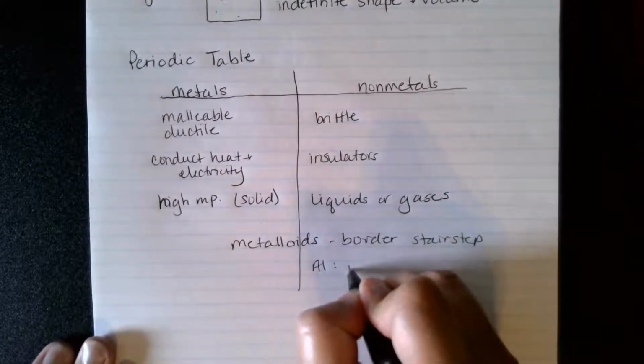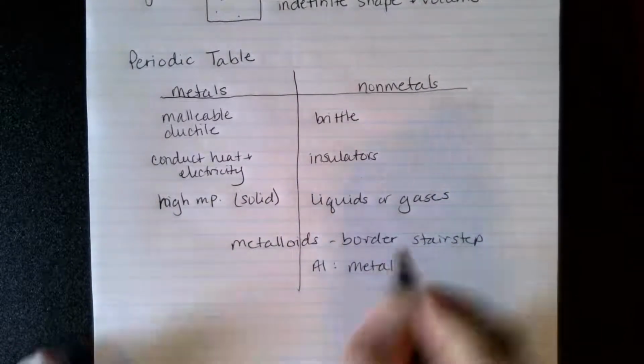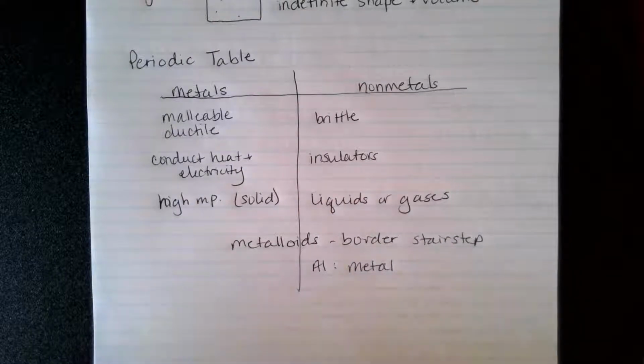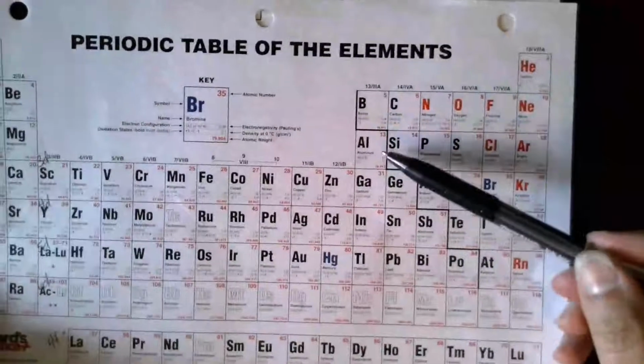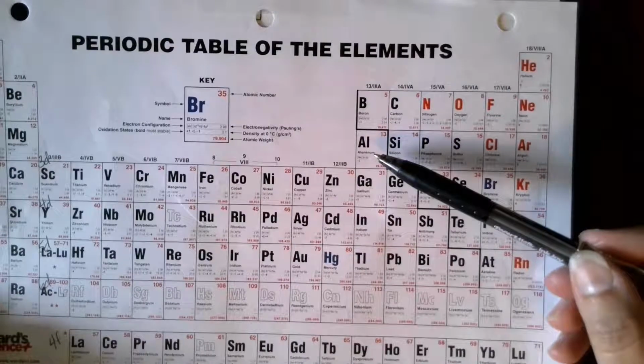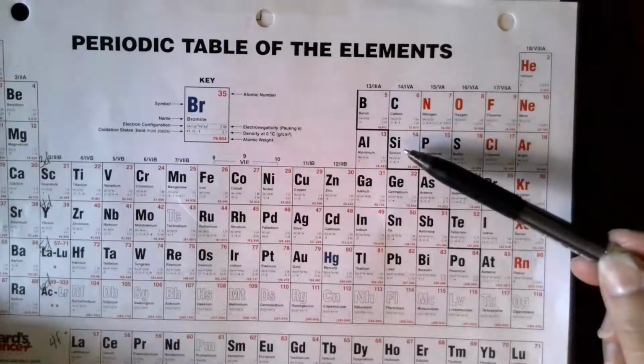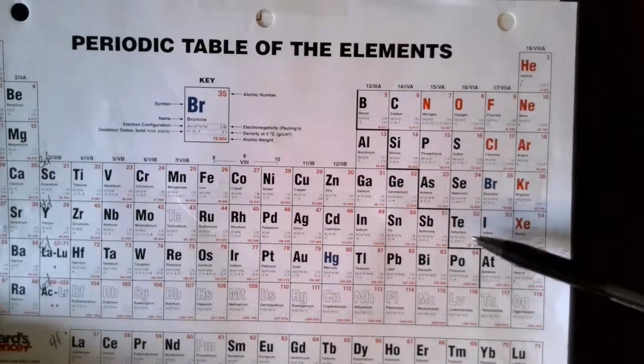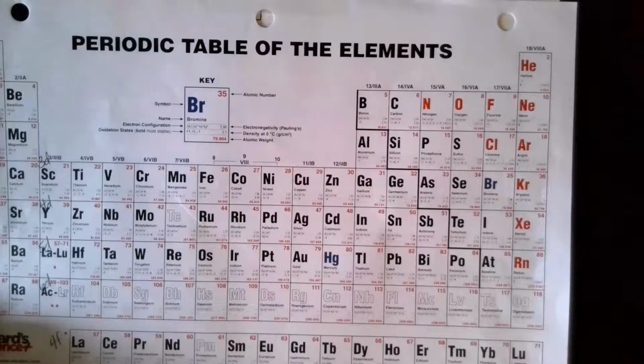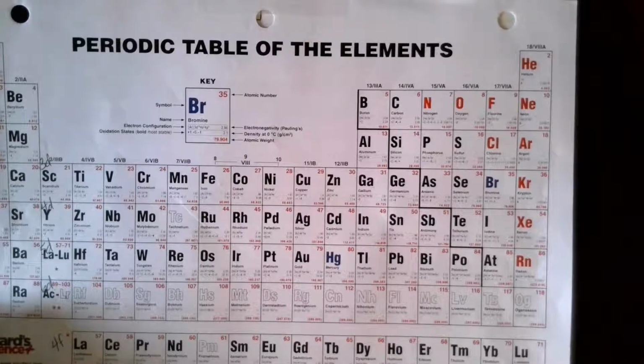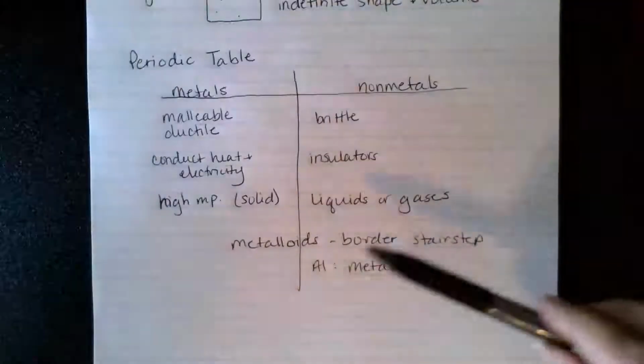Aluminum is a metal. So here's aluminum. Aluminum borders this stair step, but it's a metal. But everything else that touches this stair step, those are your metalloids. And so when you think of semiconductors, which are used a lot in computer chips, those semiconductors kind of conduct, so those have properties of both.